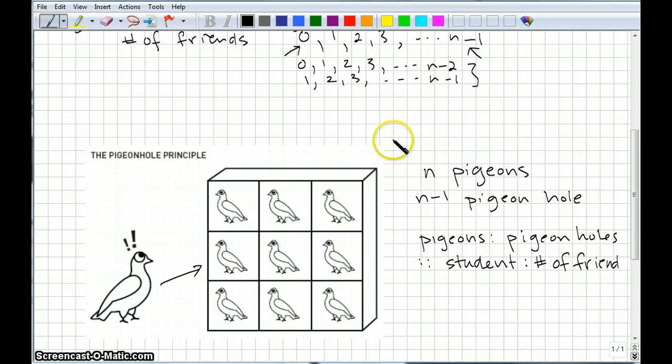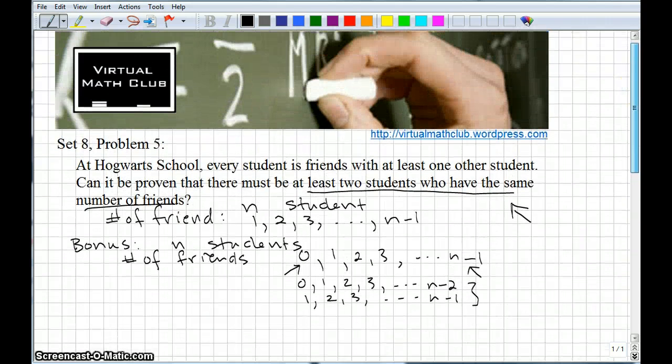So that's the beautiful thing about math, is that you take things that seem really obvious, like pigeonholes or like counting, and you can build up to more complex ideas. So there you go. There's the pigeonhole problem and how we can apply it to the students at Hogwarts.